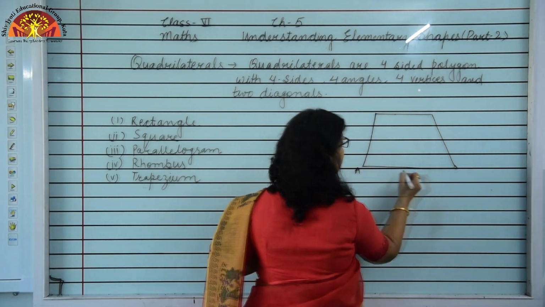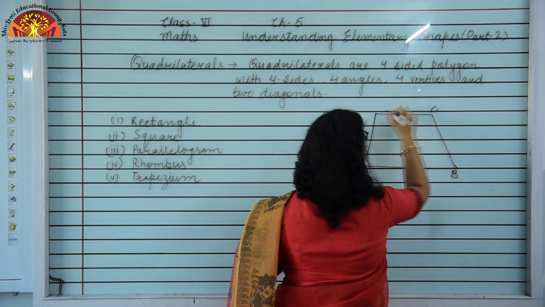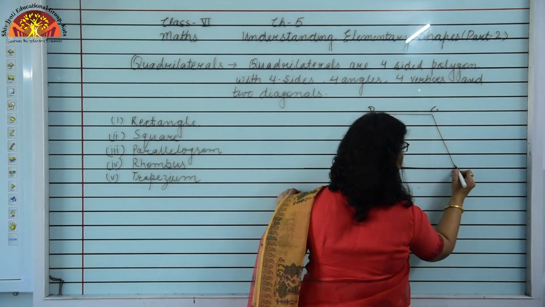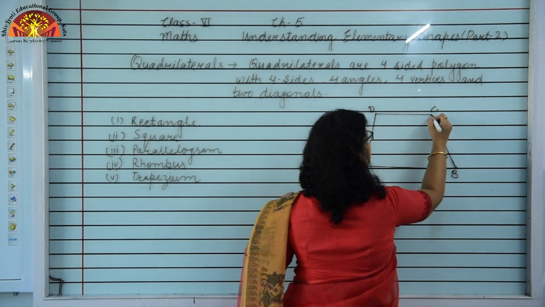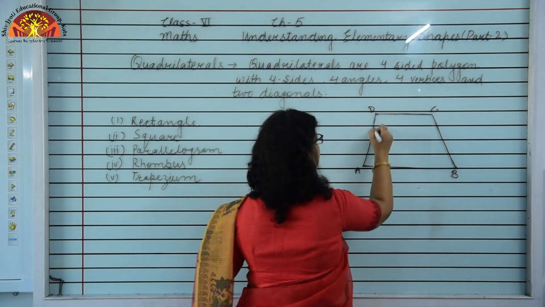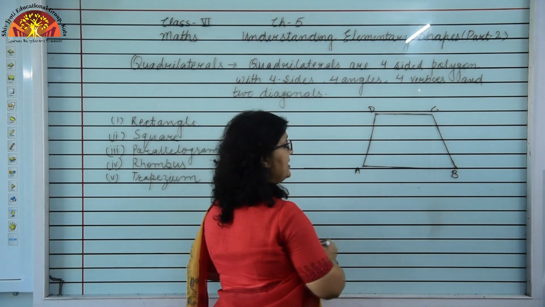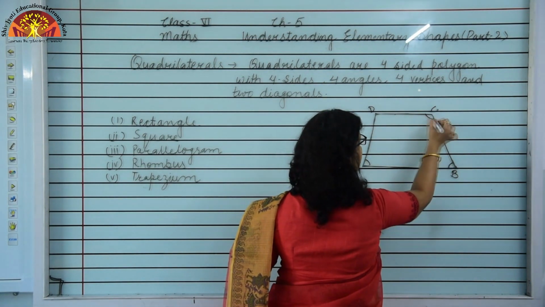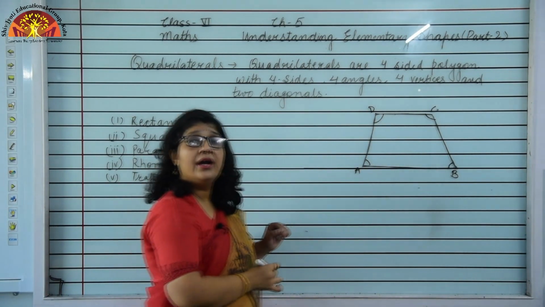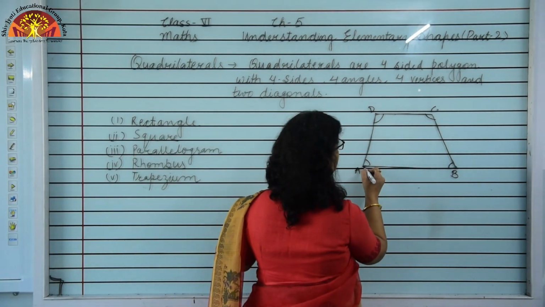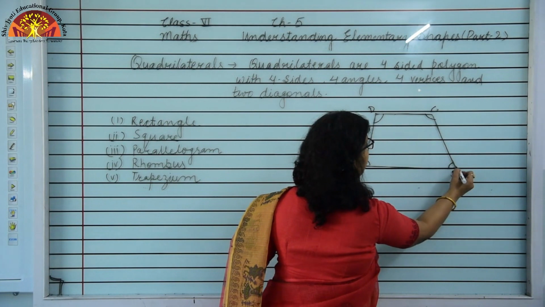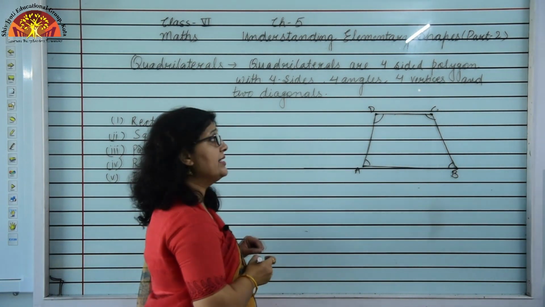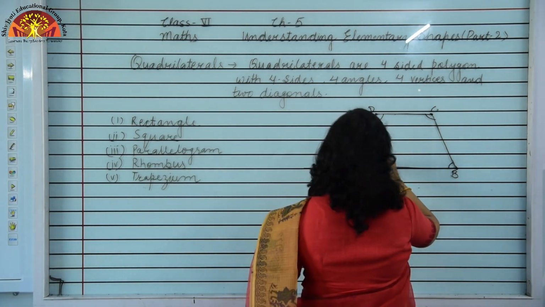This is A, B, C and D. It has 4 sides AB, BC, CD and DA, 4 angles, angle A, angle B, angle C and angle D, and 4 vertices, that is A, B, C and D.